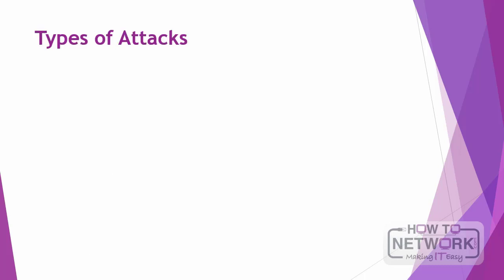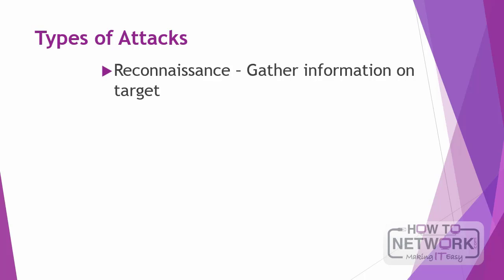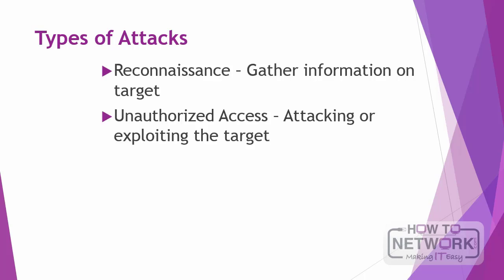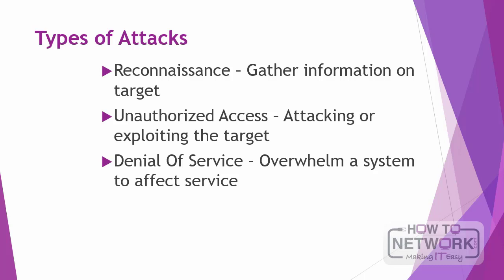It is important to be aware of the different types of attacks that can impact your systems on the network. Security threats can be classified into three categories: reconnaissance, gaining unauthorized access, and denial of service. The goal of reconnaissance is to gather as much information as possible about the target network.